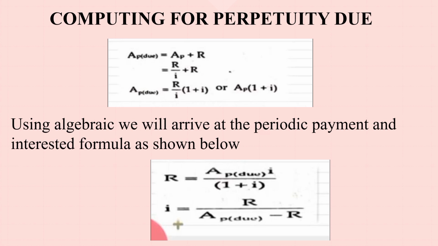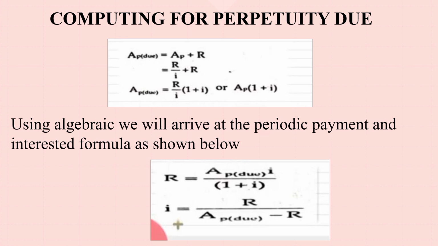For computing the perpetuity due, these are the formulas. A sub P due equals A sub P plus R equals R over I plus R. A sub P due equals R over I times quantity 1 plus I, or A sub P times quantity 1 plus I. Using algebra, we arrive at the periodic payment and interest rate formulas as shown below.